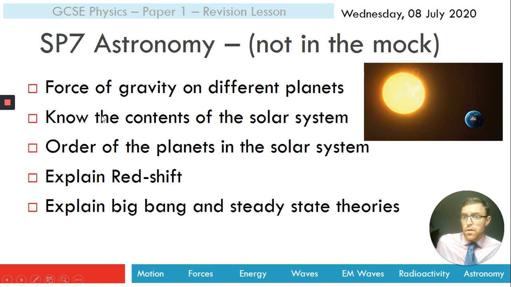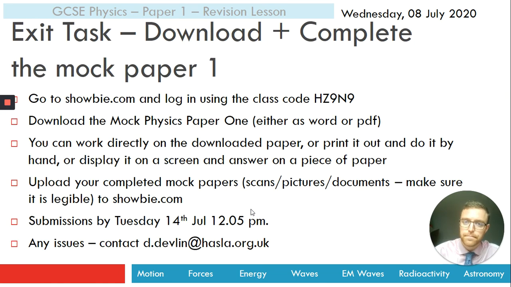You will need to know the contents of the solar system, the planets, the asteroids, the satellites, the moons, etc. The order of the planets in the solar system, you might well come up with a mnemonic for that. You'll need to explain what redshifting is, and you need to explain the Big Bang and the steady state theory. I'll put a link to all of this below the YouTube, don't worry. Okay, that's it.